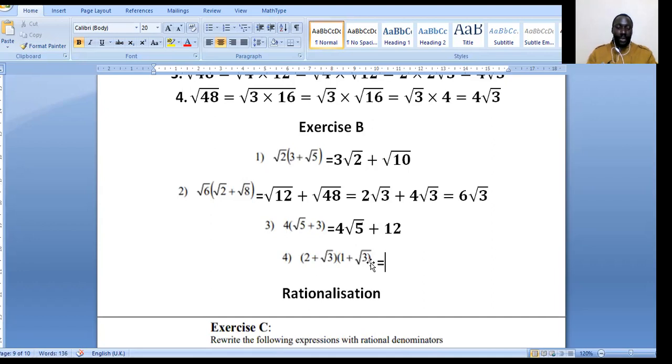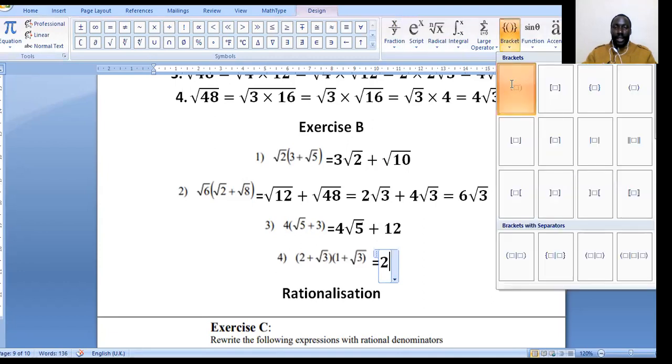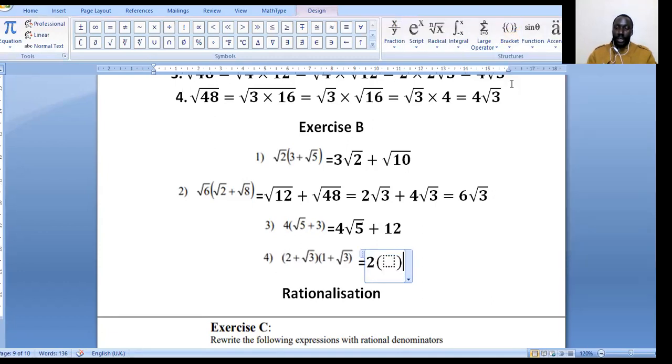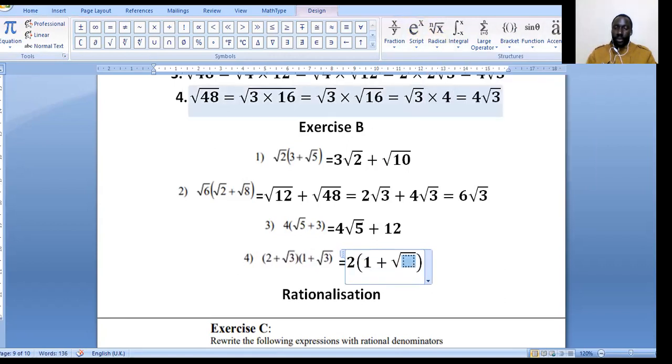So it will be like, well, 2, which has got to multiply 1 plus square root 3, like that. Then plus square root 3.